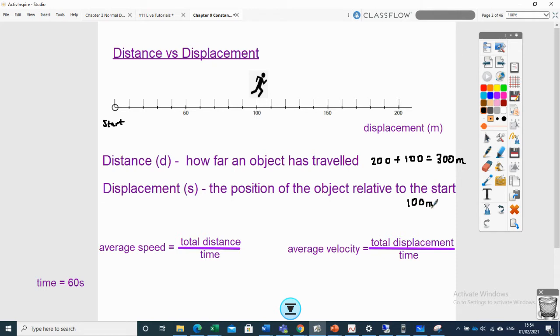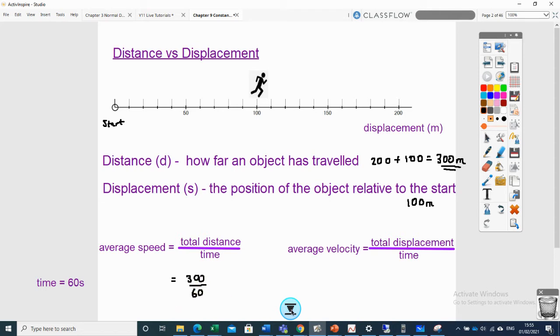We've got 2 formulas, average speed and average velocity. Average speed uses total distance divided by time, and this is what you would have looked at at GCSE. In this particular case, the average speed of this person is the total distance, which is 300 meters, divided by the total time, which is 60 seconds.